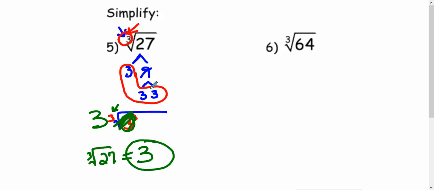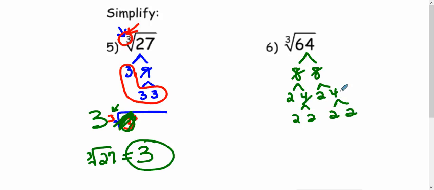So example 6, we're looking for the third root or the cube root of 64. Same process. 64 I know is 8 times 8. 8 is 2 times 4. And 4 breaks down to 2 times 2. So here's my radical.